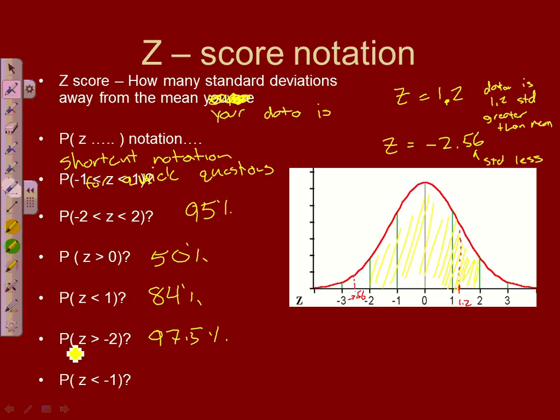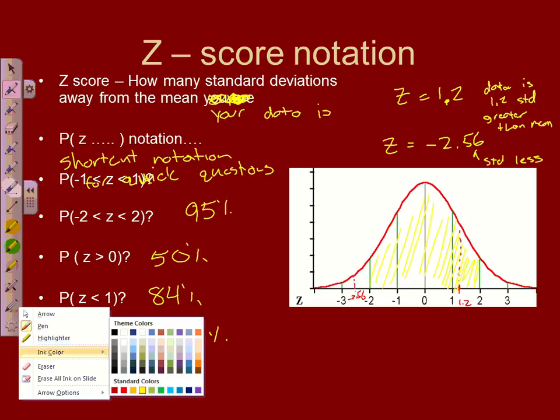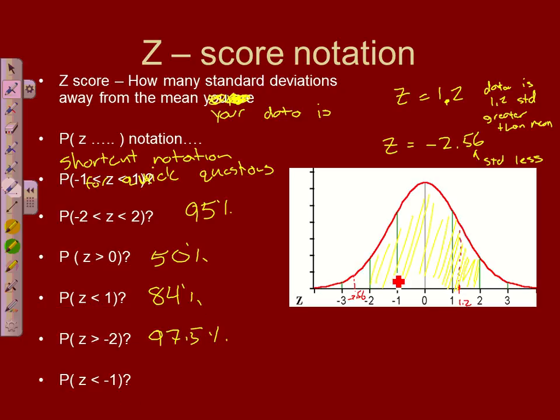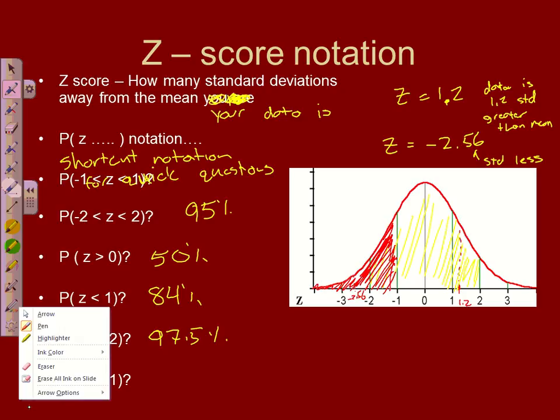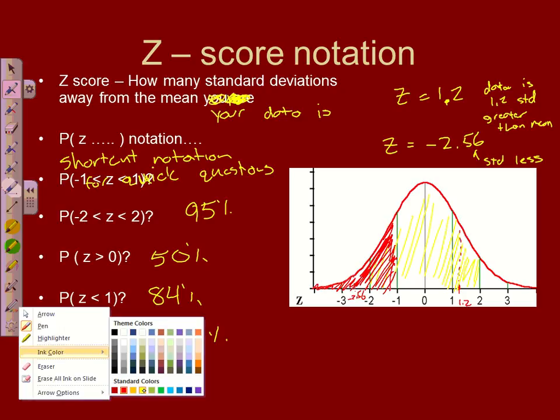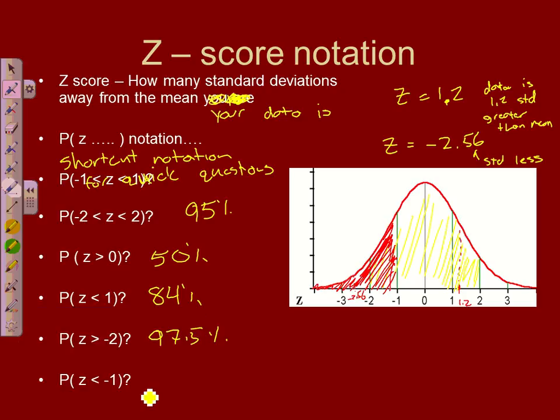Now, you figure out what it is for the percentage of your values that are less than negative 1.